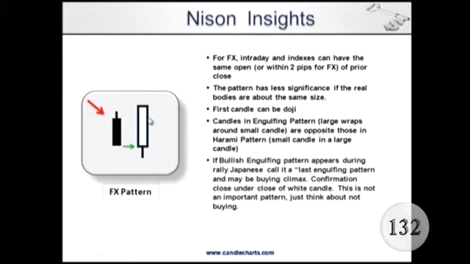But if that's a very high volume white candle, it could be a buying climax. Remember we were talking about buying climax before? It's like the last longs were waiting to get in, finally get in, and there's nobody left to buy. So a very high volume bullish engulfing pattern after an extended rally could be a buying climax, and the confirmation would be a close under the close of the white candle. I would never sell on that, but the point is I would not be buying on that.